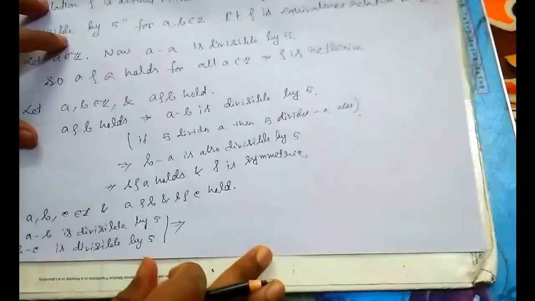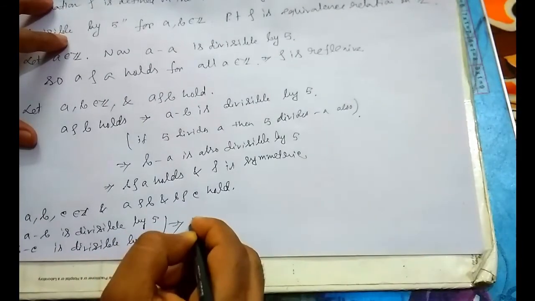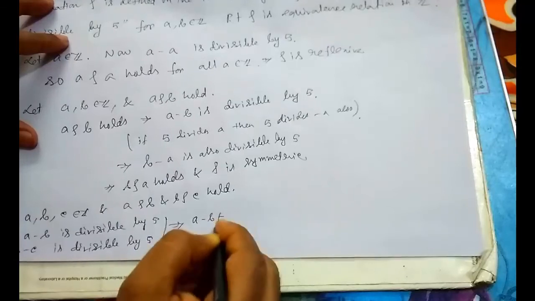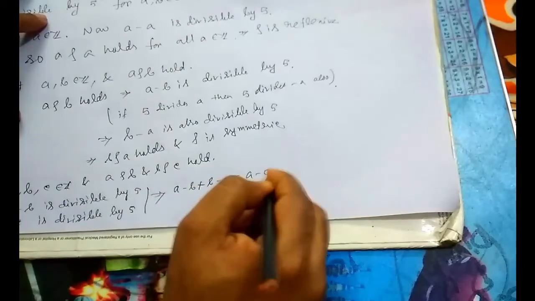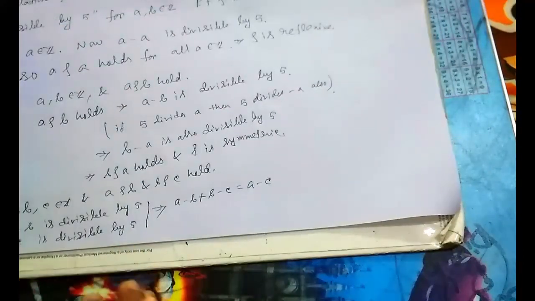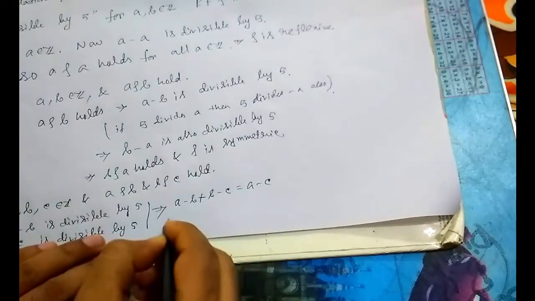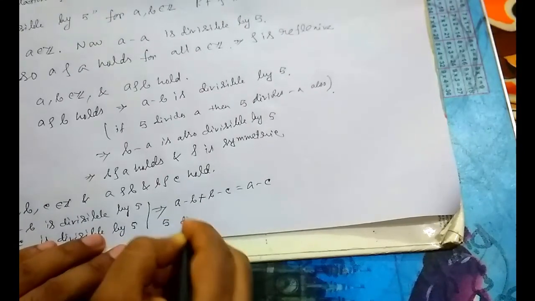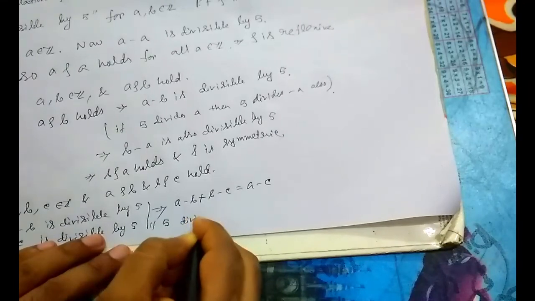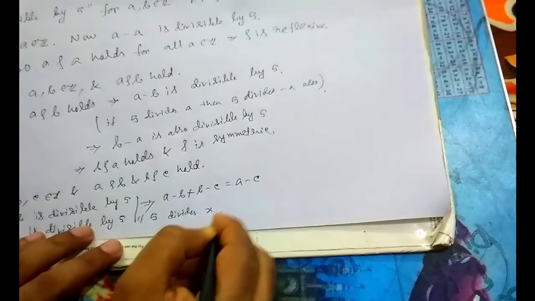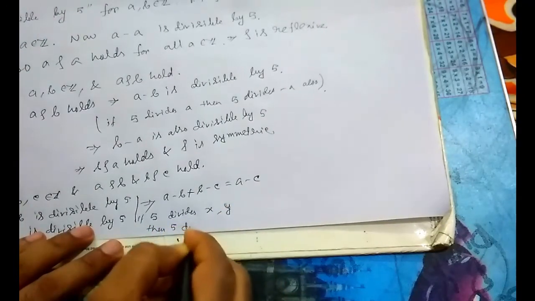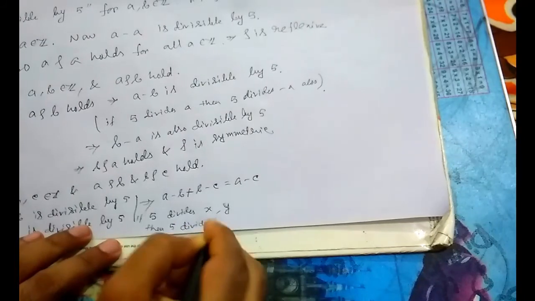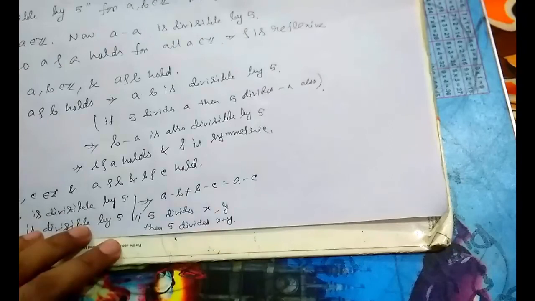These two lines imply that (a minus b) plus (b minus c) is equal to a minus c, and if 5 divides x and y, then 5 also divides x plus y.